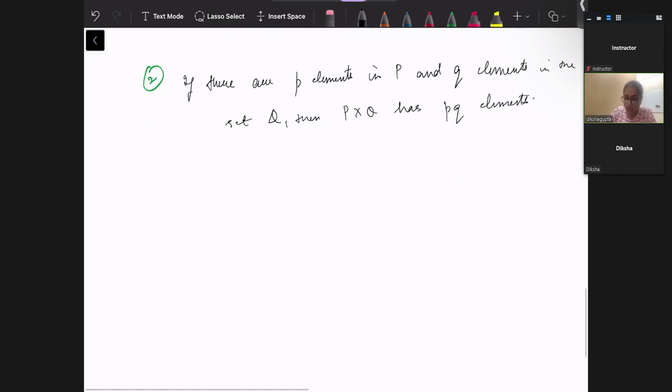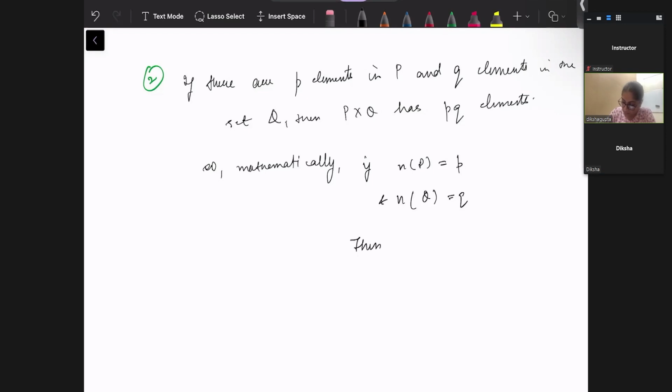So the cardinality of P cross Q will be p times q, where p is the cardinality of P and q is the cardinality of Q, right? The cardinality is denoted by n. So mathematically, if n(P) equals p and n(Q) equals q, then n of the set P cross Q will be n(P) into n(Q), which is nothing but pq.